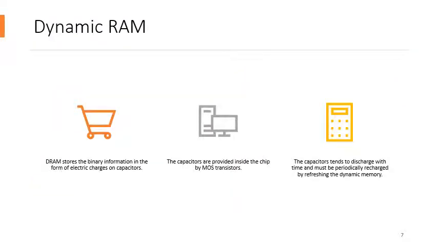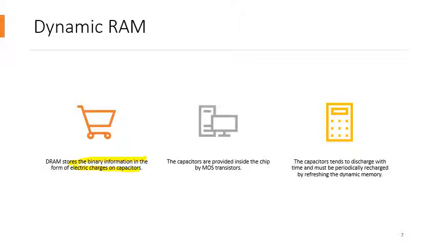Now coming to the dynamic RAM, basically the dynamic RAM is a type of memory that stores the binary information in the form of electric charges on a capacitor. So capacitors are the basic building blocks of a dynamic RAM. In order to store information in a capacitor, we have to charge that capacitor at that particular location.